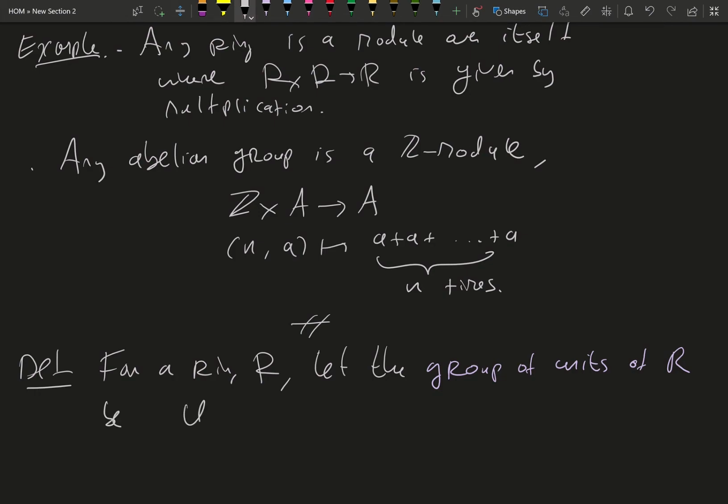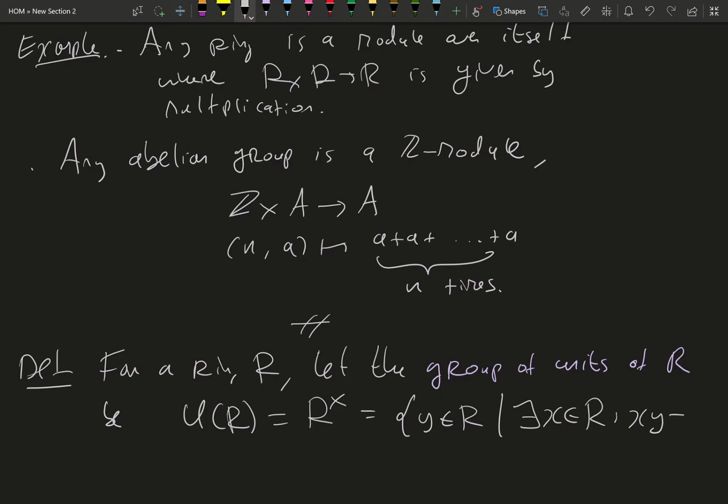We write U(R) for units, or sometimes R cross, to be the set of all elements y in R such that there is an x in R with x times y equal to 1.